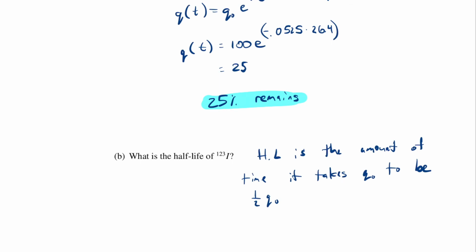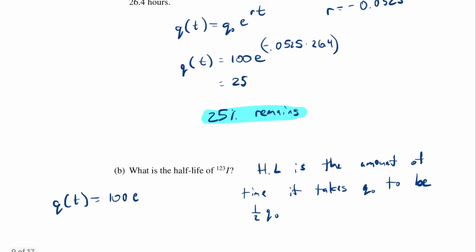Q of t equals 100 e to the negative 0.0525 t. t is what we're looking for. We want to figure out how much time it takes for 100 milligrams to become 50 milligrams, because 50 is half of 100, and that's what it means to find the half-life. So we need to solve for t.